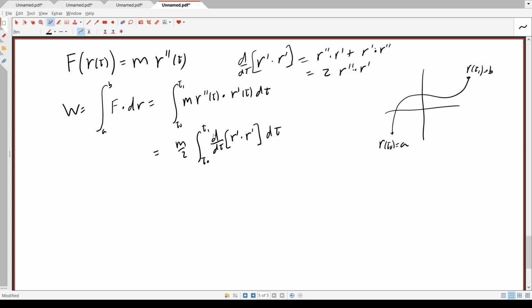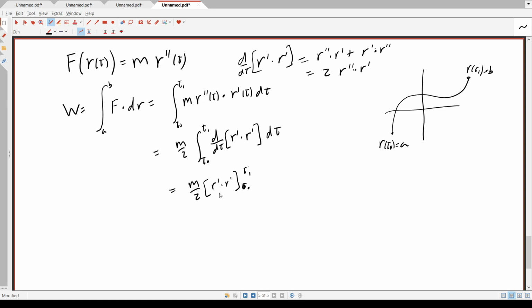But now I'm integrating this with respect to dt, and this is an integral with respect to dt, so this is just going to be m over 2 r prime dot r prime evaluated from t0 to t1.